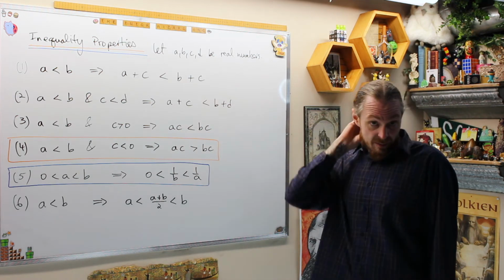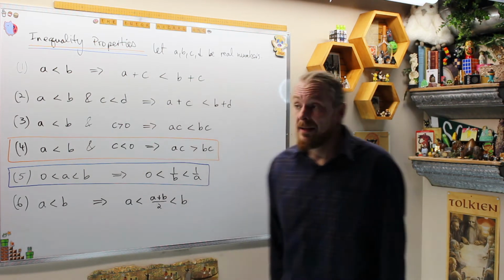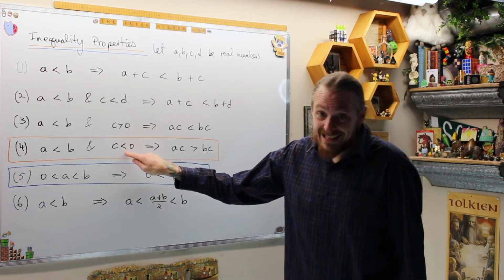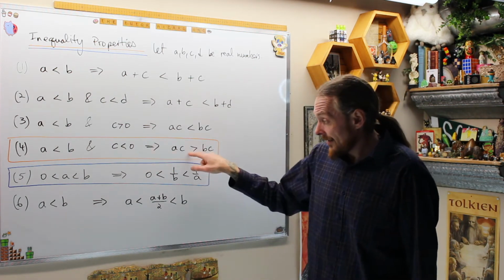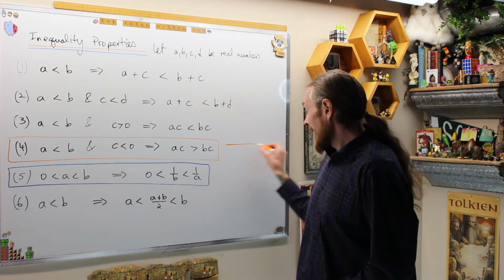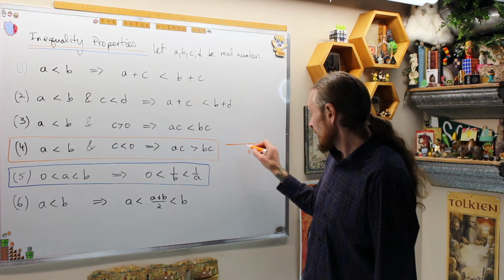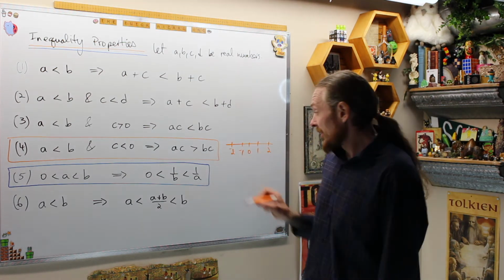Number 4 is the one that gets you every time. If A is less than B and C is negative, then the order of the inequality changes. And the best way to see that is if I have, here's 0, then I have 1 and 2, and -1 and -2.